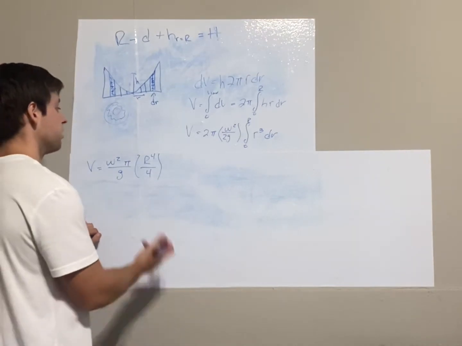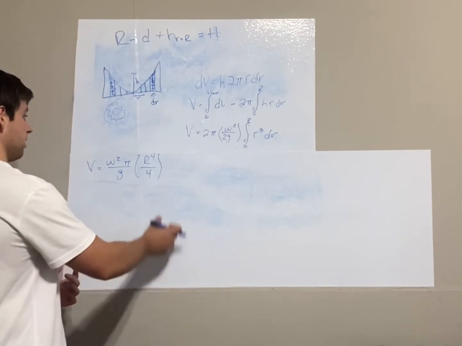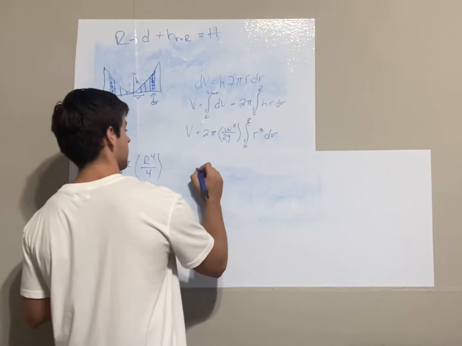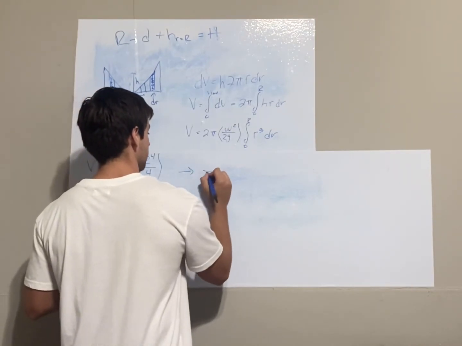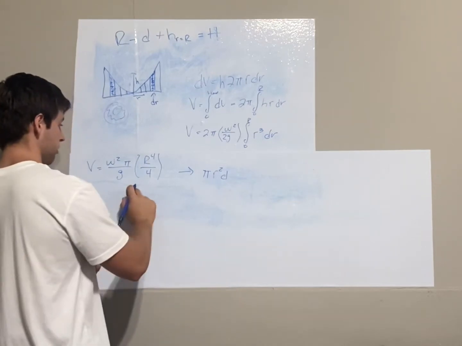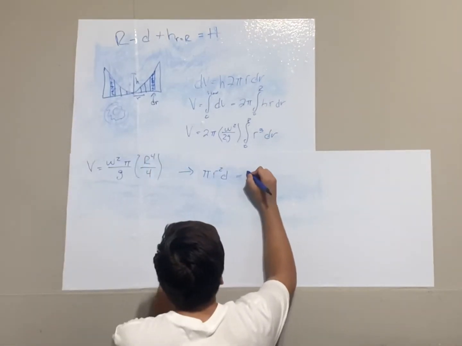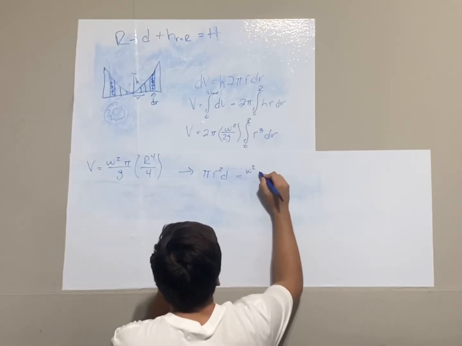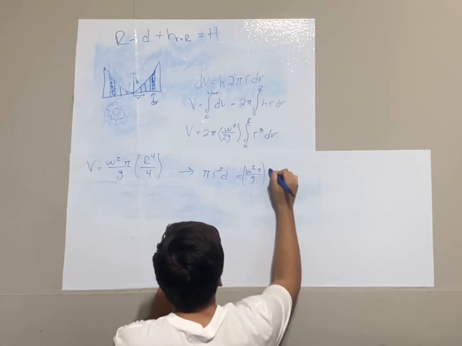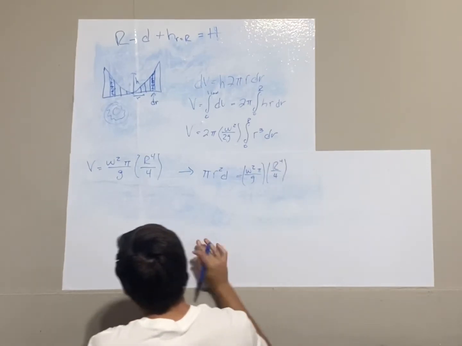So now from here, as you saw earlier, we can say that this volume, which is what we just found here, is equal to, so we have our pi R squared times d from earlier. We're going to set it equal to this. So we get it's equal to omega squared pi over g times R to the 4th over 4.